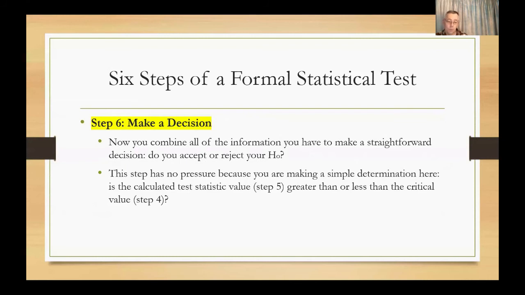Then later on, we're following a process where it's kind of set out for us, like it's a calculation, or at this point, making a decision, all we're doing is observing. Is one value less than the other? Is the critical value less than or greater than the calculated test statistic value? And that's the basis for our decision there.